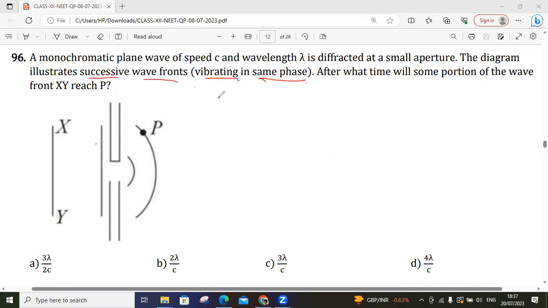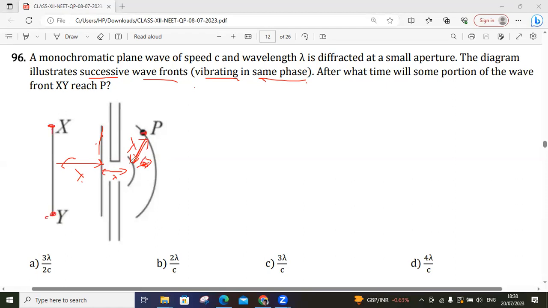So they are vibrating in the same phase, and they are successive wavefronts. This is a wavefront, which is the locus of all the crests. Next will again be all the crests, in phase, so this distance will be lambda, and this will also be lambda. After what time will some portion of the wavefront XY reach P?